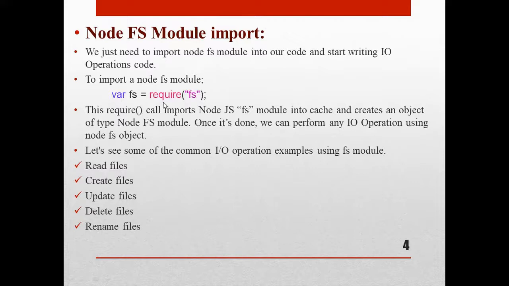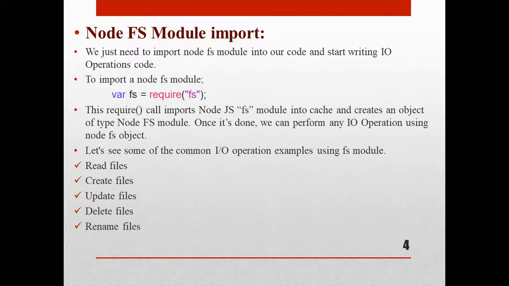This require call imports the Node.js fs module into cache and creates an object of type fs module. Once it's done, we can perform any IO operation using the fs object. Once we import this fs module, we can use the methods of that module.